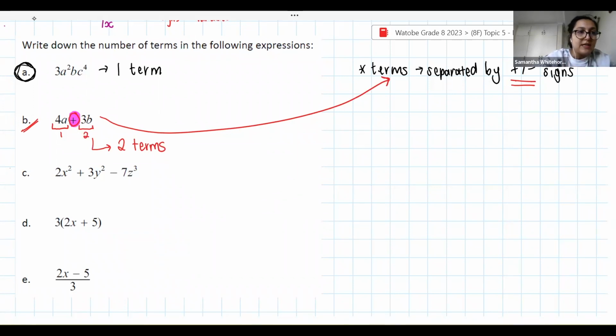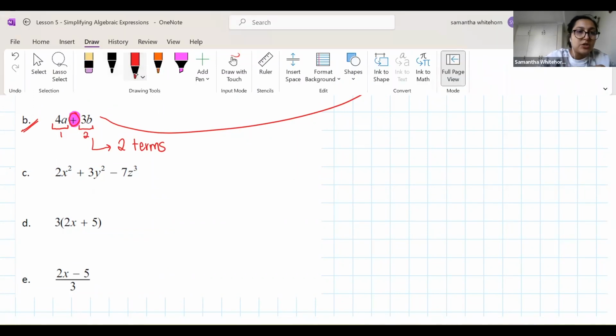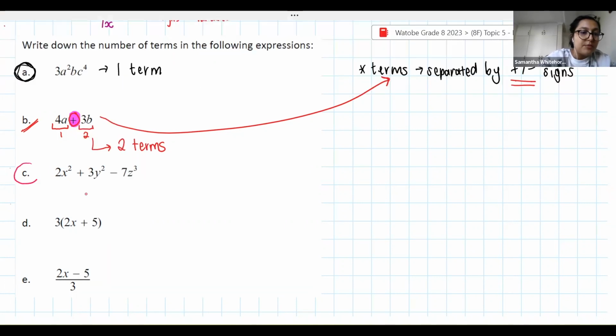So based on what we've just spoken about in terms of being able to identify terms, in the chat tell me how many terms you think expression C has. So look out for those plus and minus signs.